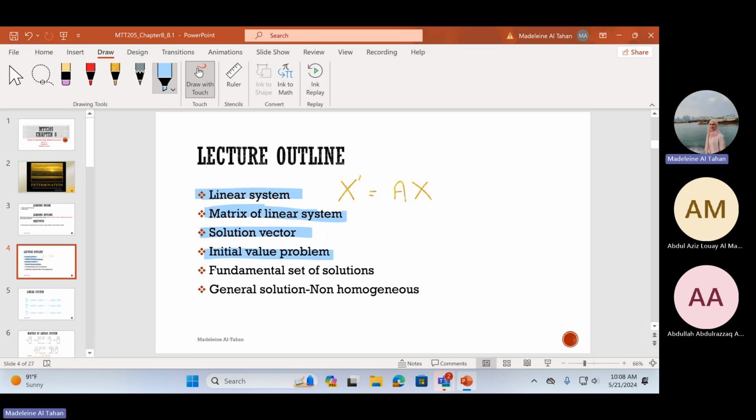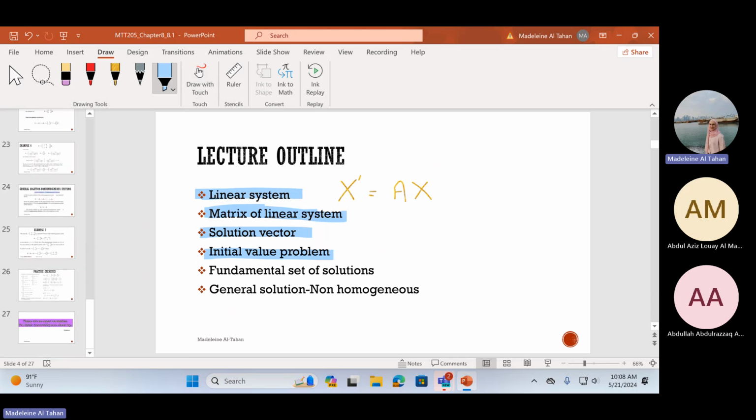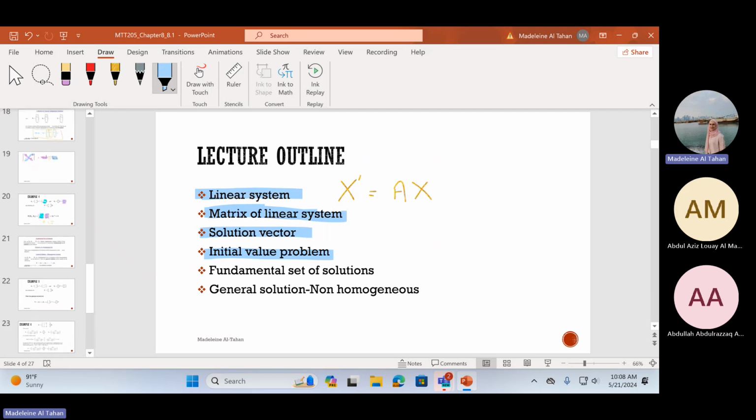Dependent because it's equal to 0. And if it's not equal to 0, let's say I got t squared minus 1 as W, then is it independent or dependent? Independent because we got a value or a function. Okay, miss?